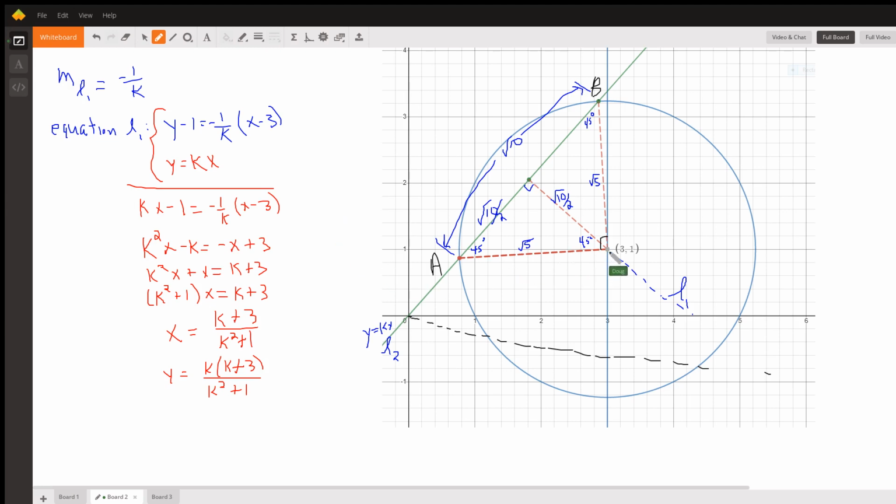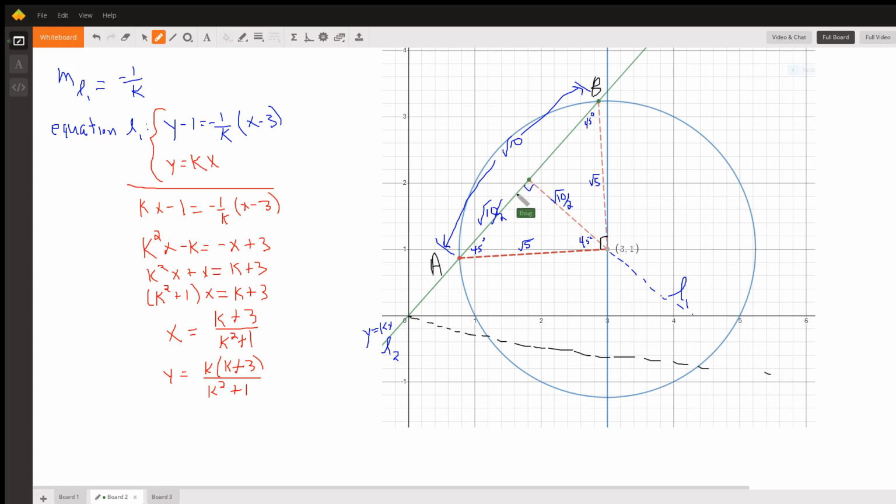So I decided eventually that if I drop this altitude to the line y equals kx from this, what turns out to be an isosceles right triangle, the red one right here, with the green hypotenuse, has legs of radical 5. If I drop that altitude, then I create 2 other 45-45 right triangles. Oh, and by the way, this distance is radical 10 because in a 45-45, the hypotenuse is radical 2 times one of the equal legs.